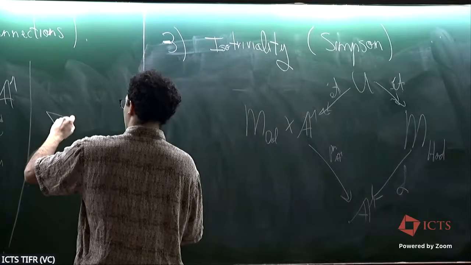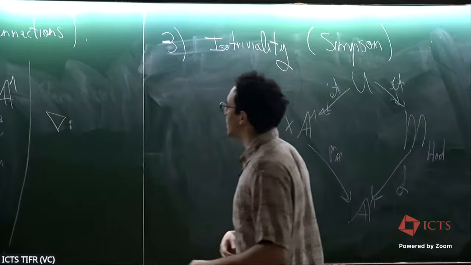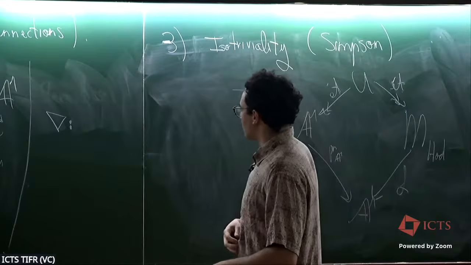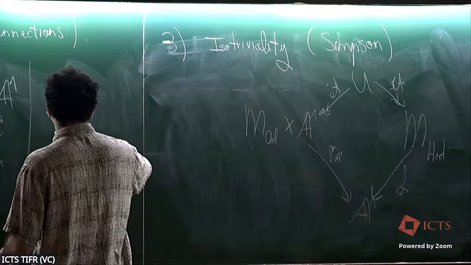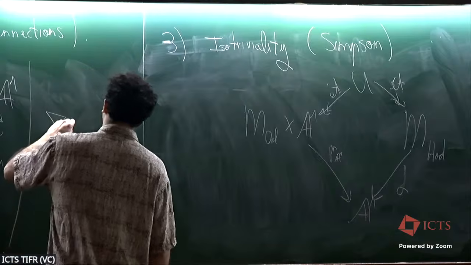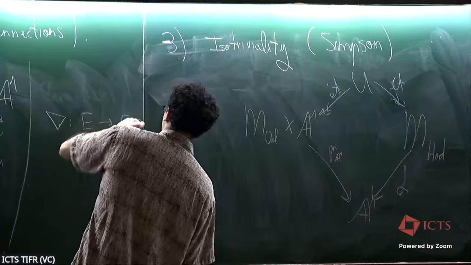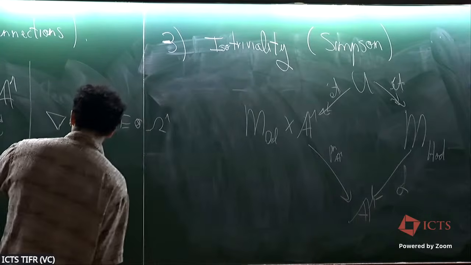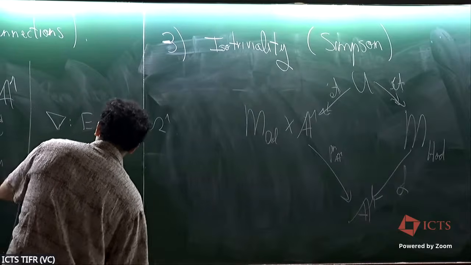So in the case of, let's say, curves and GL_n, I want a connection to be a map from the bundle to the bundle tensor omega 1. And a connection should satisfy the Leibniz rule.